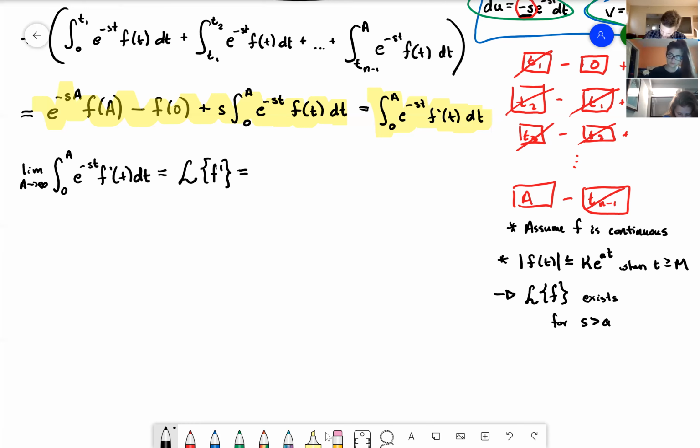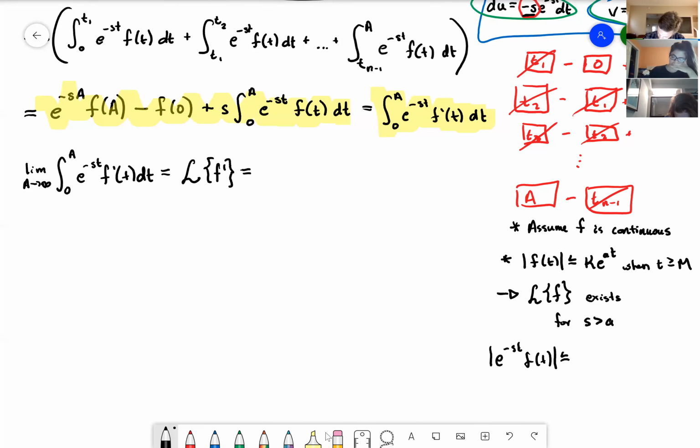So that tells us a couple of things. First of all, this e to the minus sa f of a, this absolute value, well, write it like this. e to the minus st f of t is bounded by, well, f of t is bounded by an exponential, so this is just bounded by another exponential.